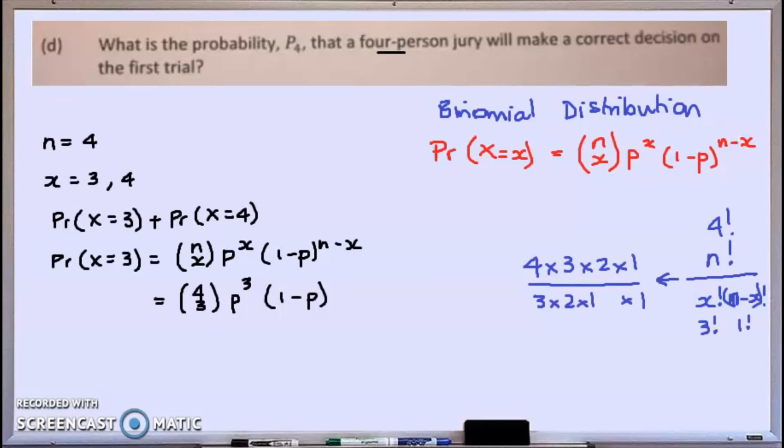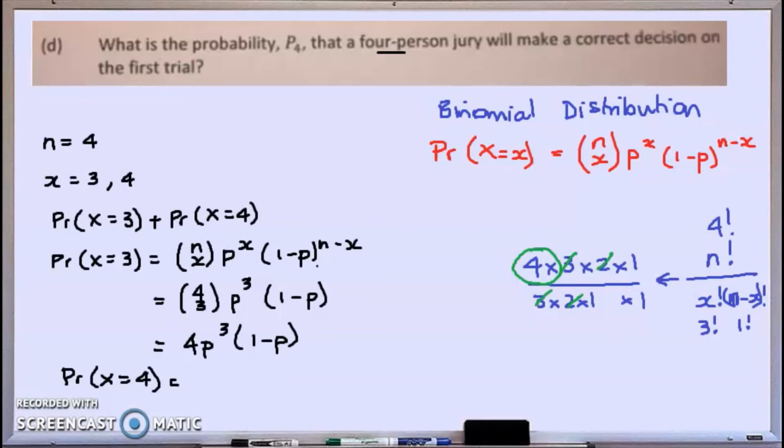One of the things about factorials is we can often cancel them down. And you can see here I've got times 3 times 2. The ones don't make any difference. So that actually equals 4. So this, therefore, equals 4p cubed, 1 minus p. We also know that the probability that x equals 4 means they all get it correct.